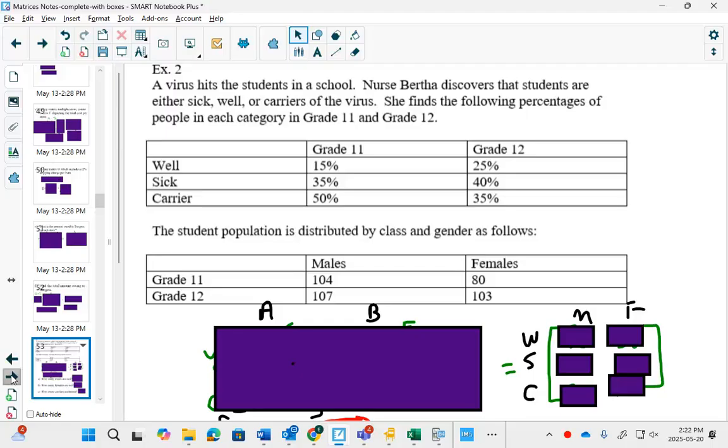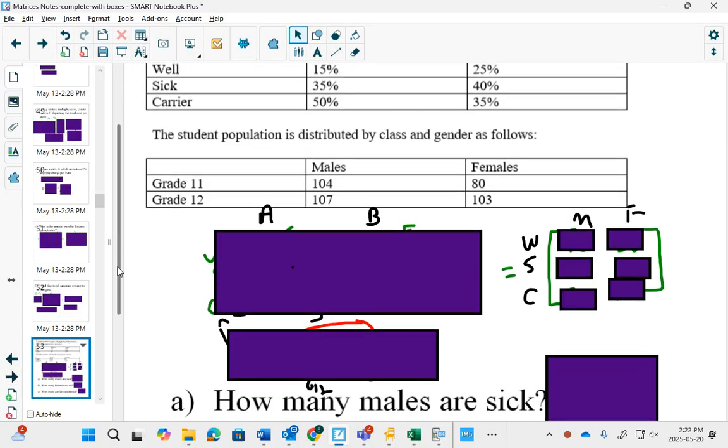It's not good. So we've got this data. And then we've got student population distributed this way. There's 104 males in grade 11, 80 females in grade 11, 107 males in grade 12, and 103 females in grade 12. Okay.